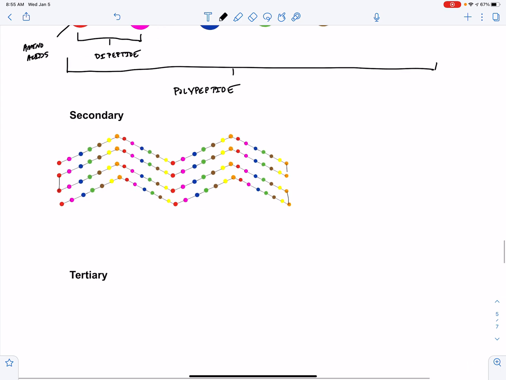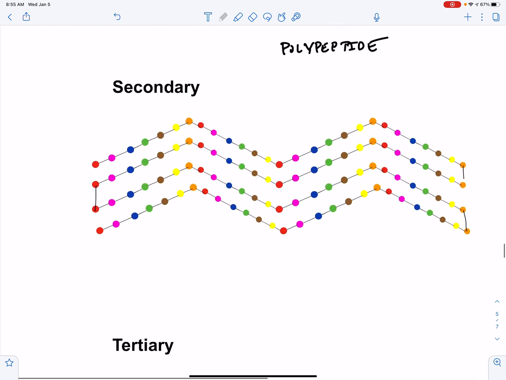So we've created here what we call a beta pleated sheet, or just a beta sheet. This is like a B with a long tail at the bottom.